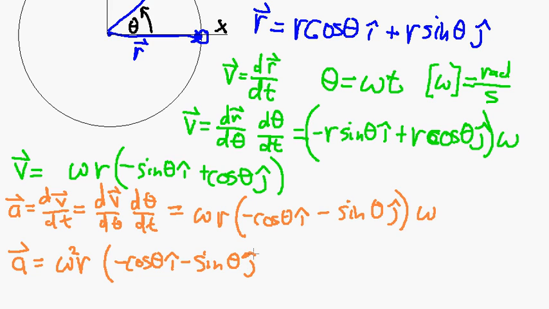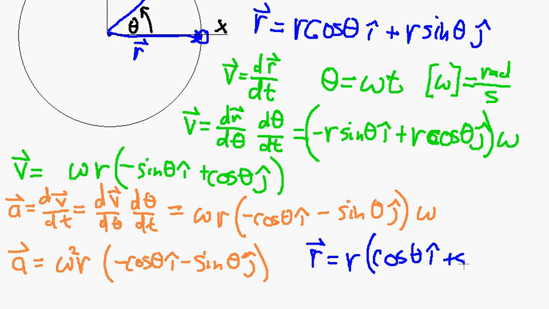Now recall from above, we can write the r vector as r times cosine theta i hat plus sine theta j hat.